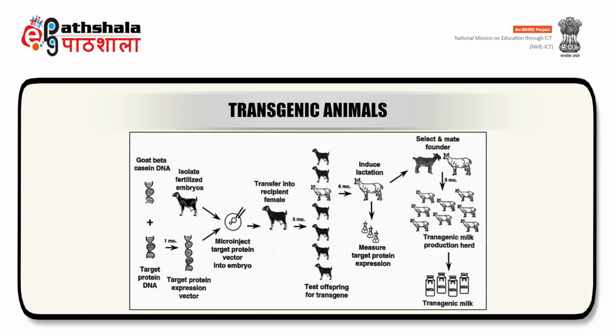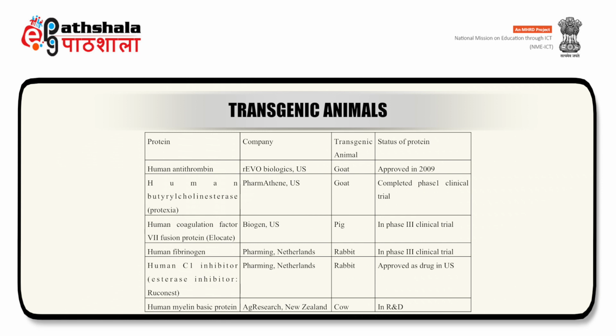As for an example, here we can observe the production of casein DNA in the milk obtained from a transgenic animal. And in the next table, we can see the companies and the recombinant products obtained from the transgenic animals.